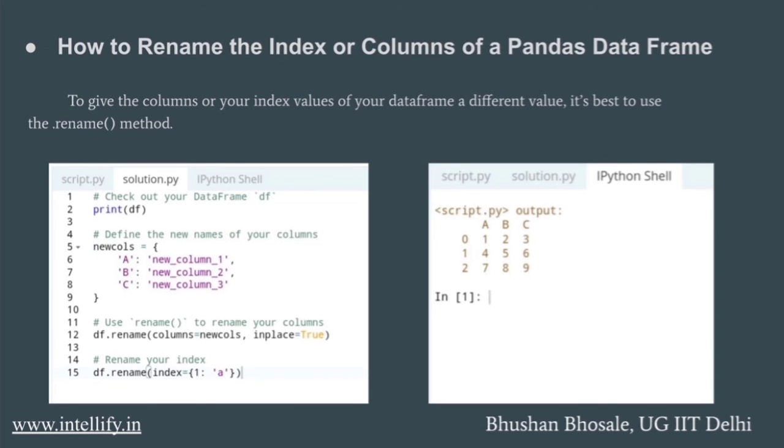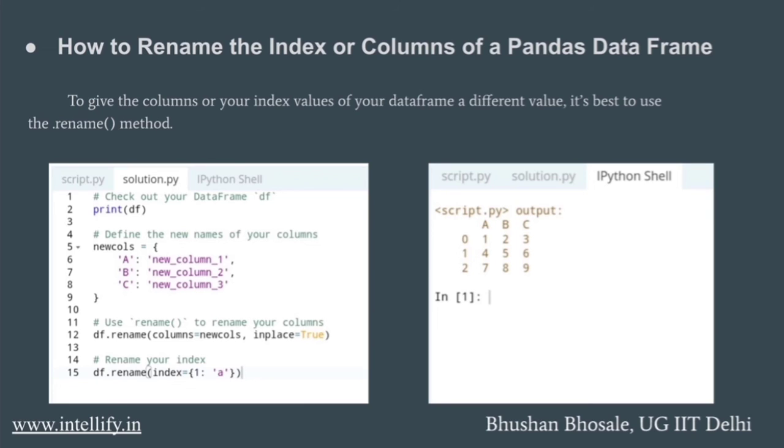All right, now how to rename the index or columns of a pandas data frame. To give the columns or your index values of your data frame a different value, it's best to use the rename method. But let's take a look at the code. The 5th line says newcols, we define the names of our columns, and then in the 12th line we use the rename function with columns=newcols and inplace=True. We use the rename function to rename our columns.